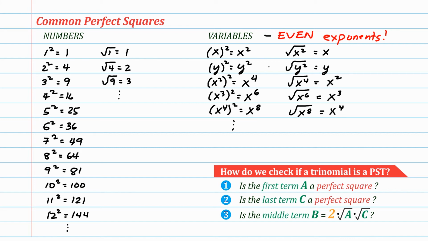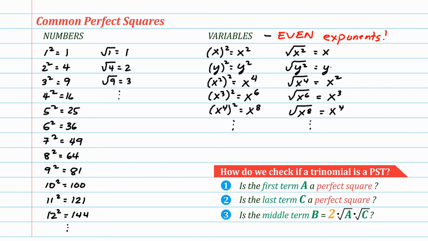Alam natin kung paano malaman kung even yung variable, kung perfect square ang variable, even exponents. Now, is there a faster way of knowing yung square root? Easy. Yung square root of x squared, anong exponent nito? 1. Yung square root of y squared, anong exponent nito? 1. Square root of x to the 4th, anong exponent nito? 2.